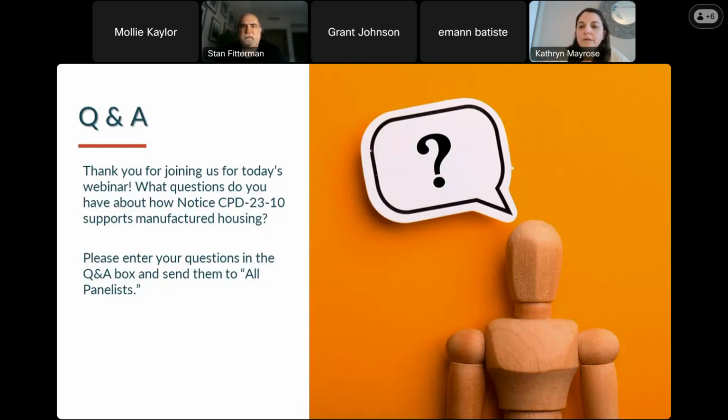I don't believe the notice speaks specifically to that, but it can include a unit that's not being purchased directly from the manufacturer, as long as that unit meets the HUD code. So that isn't something that HUD is necessarily putting limitations on either way. They're just concerned that it is a manufactured housing unit as defined, a unit that was constructed in accordance with the HUD code. And it does include existing units, not just new.